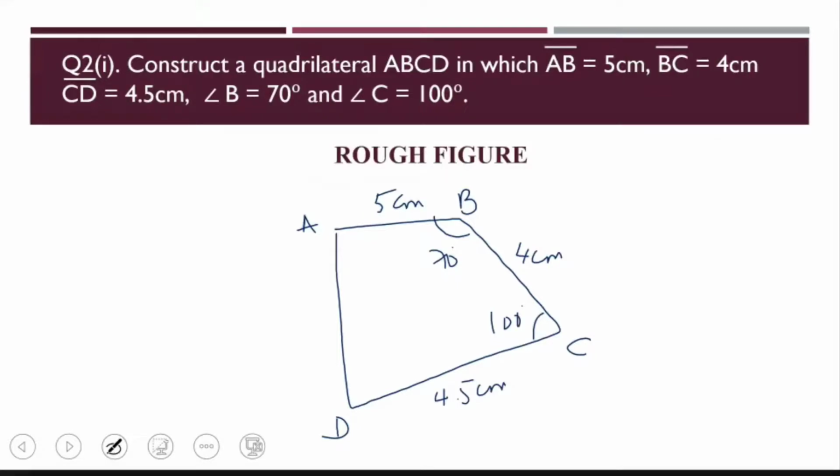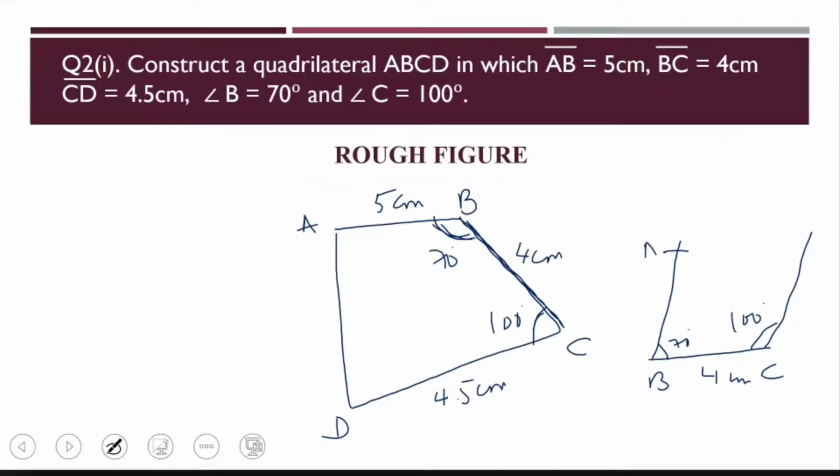This rough figure helps me to understand that since BC is given and the angles at the endpoints B and C are also given, I'll take BC as the base of 4 centimeters. At B, I will make an angle of 70 degrees with the protractor. At C, I'll make an angle of 100 degrees with the protractor. I know that BA is 5 centimeters, so with B as center, I'll make an arc such that BA is equal to 5 centimeters.